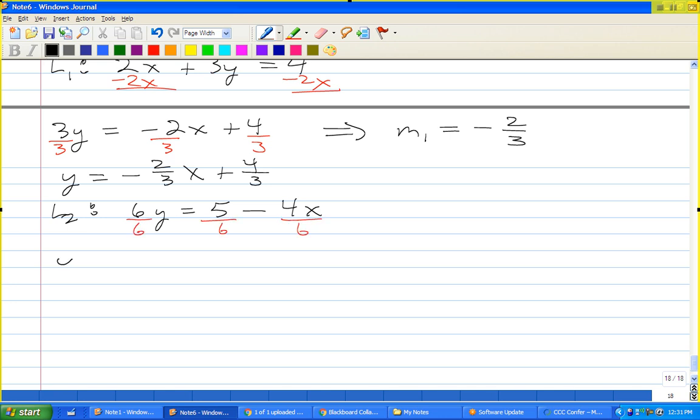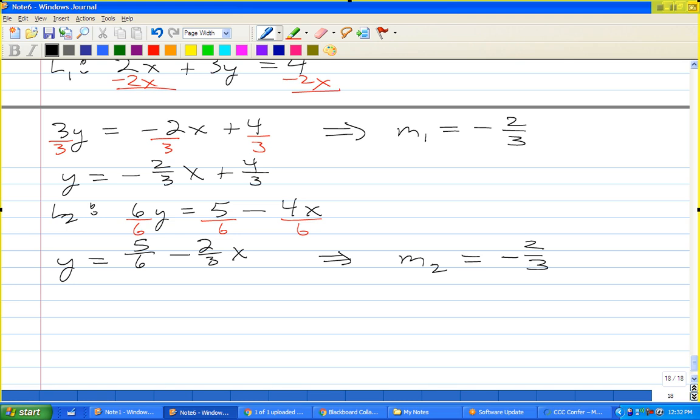And so y is equal to 5/6 minus 4/6. Well, 4 divided by 6, I can reduce that. I can divide both 4 and 6 by 2 to get 2/3 x. So it says, in this case, the slope is a negative 2/3.